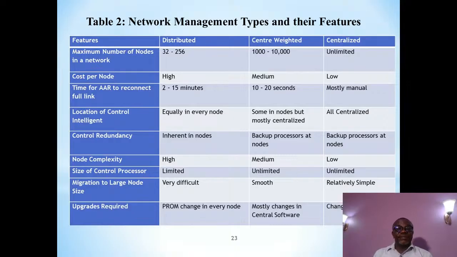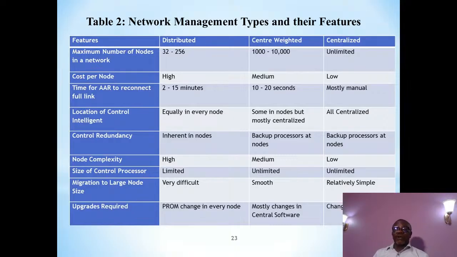Control redundancy, of course, is inherent in the nodes. Backup processors are the nodes, and same thing as centralized. Node complexity: for the distributed ones, the node complexity is high because every node must know everything about the network. In the center one, it is medium because it is not every node.